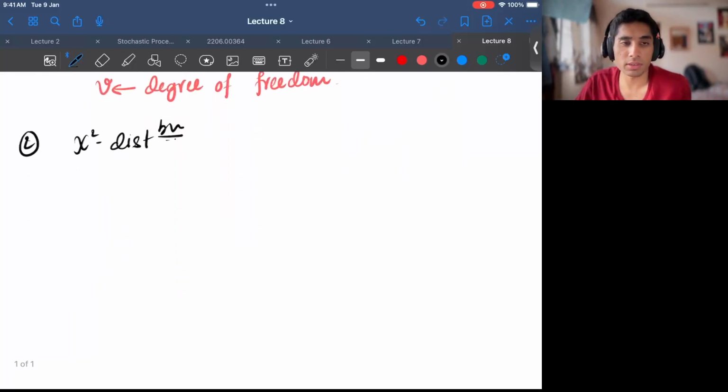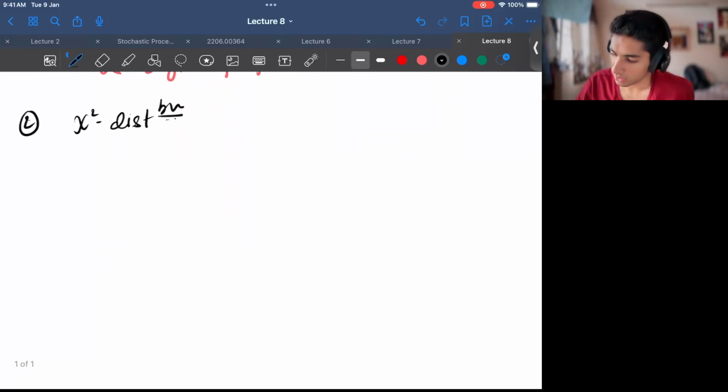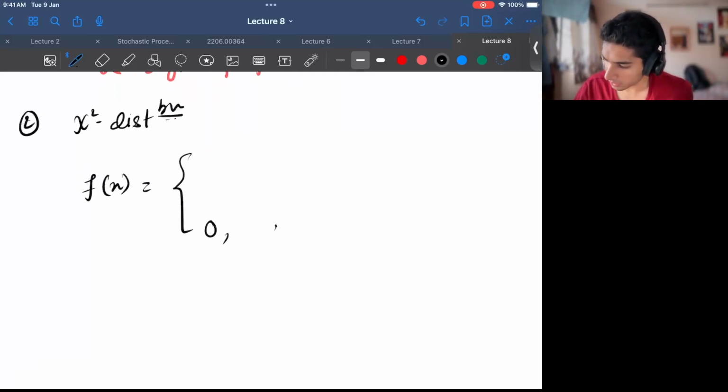What is the PDF for the chi-square distribution? f of x is only defined for x greater than 0, otherwise it is 0.